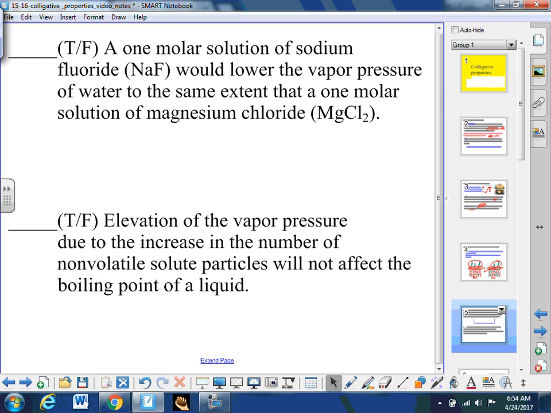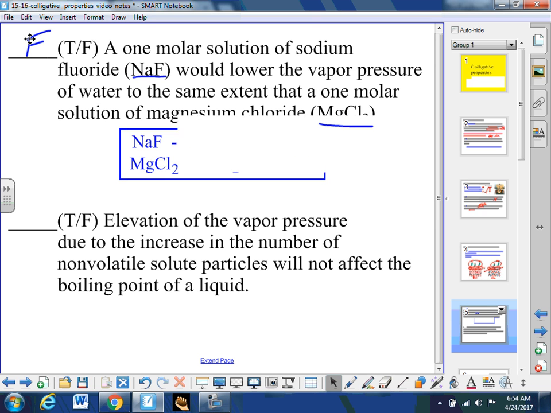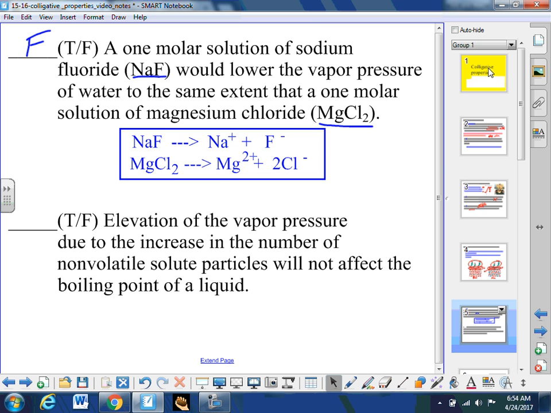Again, testing your understanding. True or false, a 1 molar solution of sodium fluoride would lower the vapor pressure of water to the same extent that a 1 molar solution of magnesium chloride would. This is false. Note these are both ionic compounds, and ionic compounds dissociate into solution. And in this case, they form a different number of particles present in the solution.